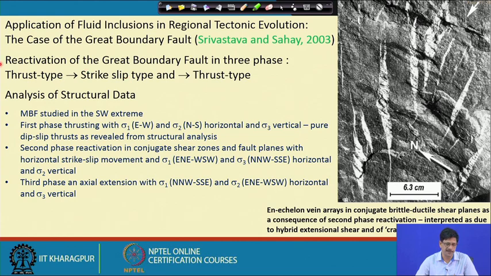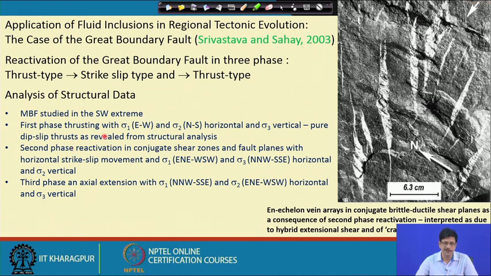It is a compressive stress axis acting upon it, with just a changing over of the intermediate and the minimum principal stress axes. In one case it gives rise to a thrust type movement, in the other a strike slip movement, and again changing over to a thrust type movement, depending on the condition of the far field stress. Now, here the main boundary fault was studied in its southwest extreme.